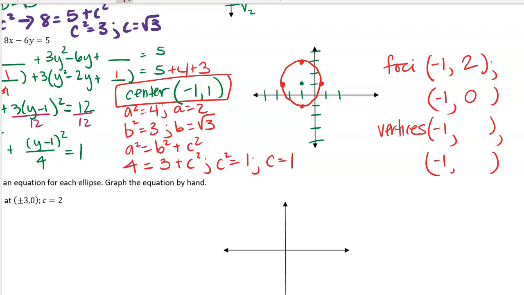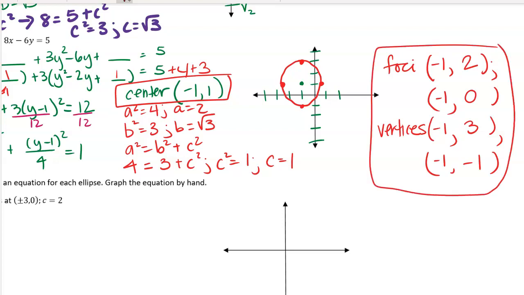Add 2. So that first vertex is 3, and then take 1 minus 2, so that's going to be negative 1. Now look back at your graph. Do these kind of correlate? Yeah, totally. Box those up. Make sure they match. And all right, example 2.